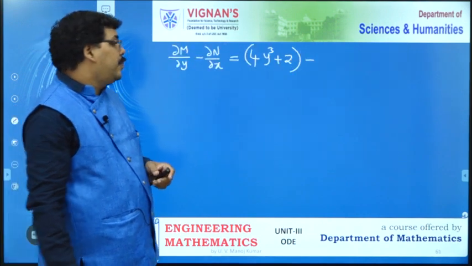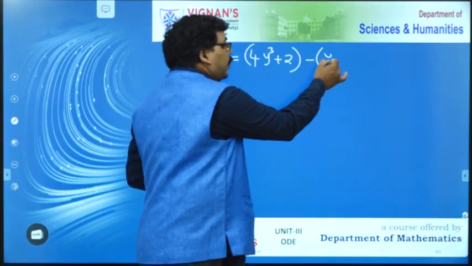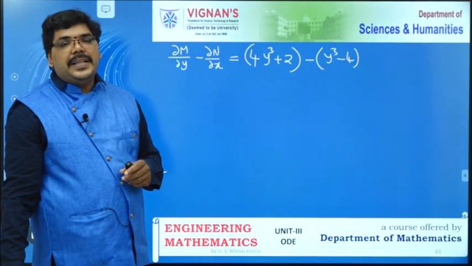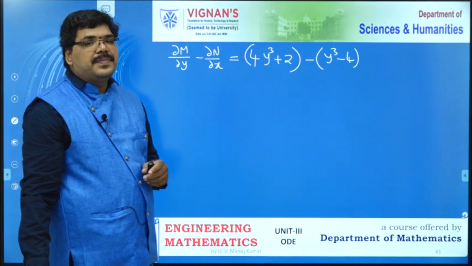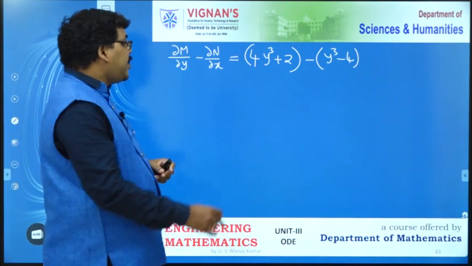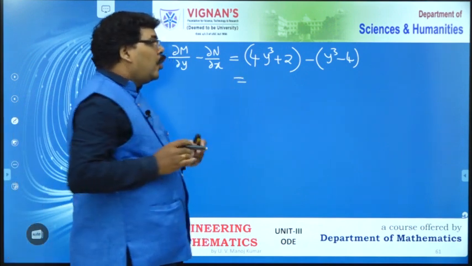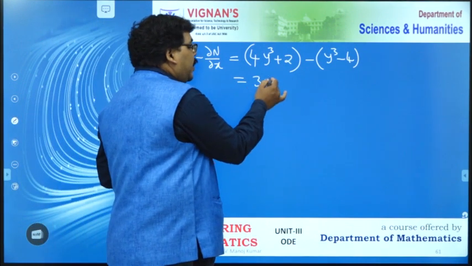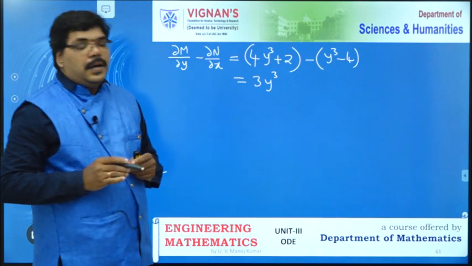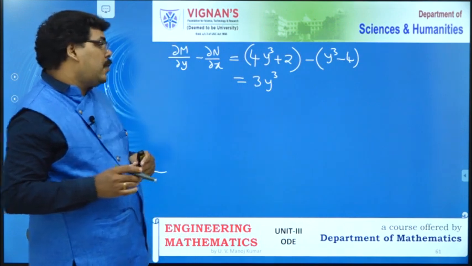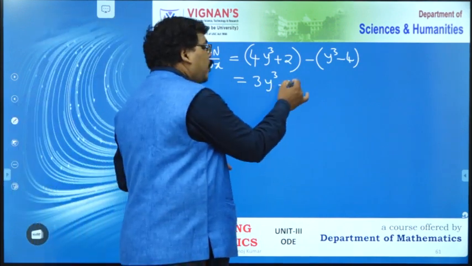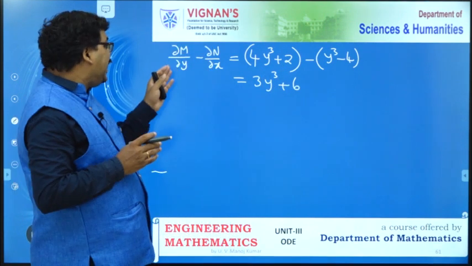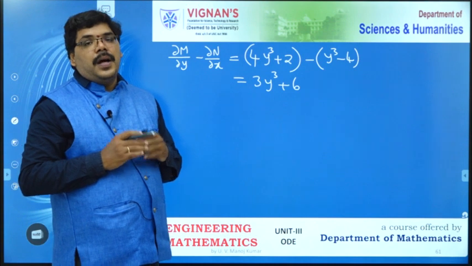Y cube minus 4. Find the difference. The difference is 4y cube minus y cube, 4 minus 1, 3y cube. 2 minus minus 4, what is that? 2 plus 4, 6. So I have calculated the difference.